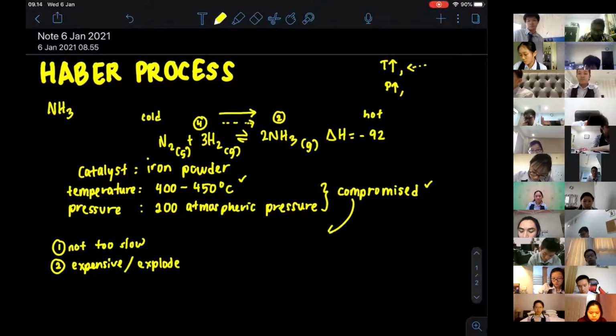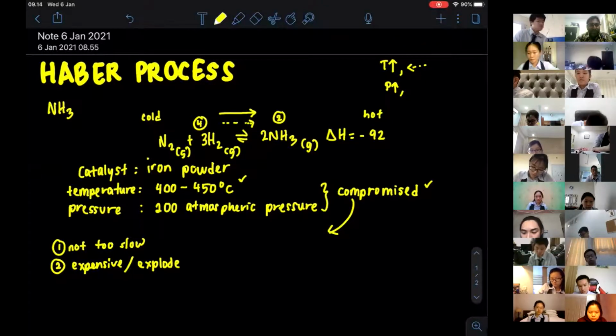So these are the things when they ask why we still use compromise condition. I'm discussing this Haber process based on two perspectives. One, based on rate of reaction. Of course, if you want things to be fast, we still need to have the temperature high and the pressure high.